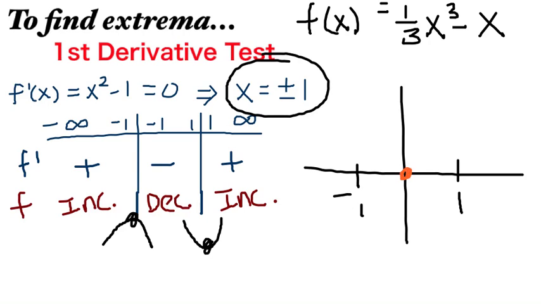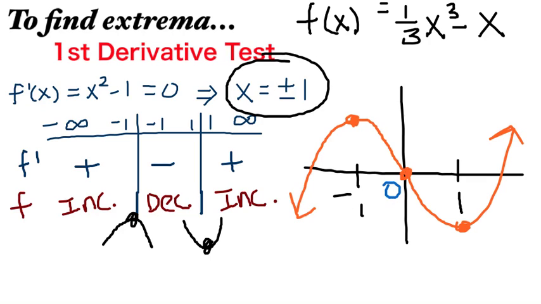So I know that my function might look something like this, and then concave up from 0 until infinity. So that's just a rough sketch of the function based on the information we gathered. We have our relative extrema, and we have our concavity correctly sketched. So before, when we said 0 was a possible point of inflection, we can verify 0 is definitely a point of inflection because it changes the concavity.